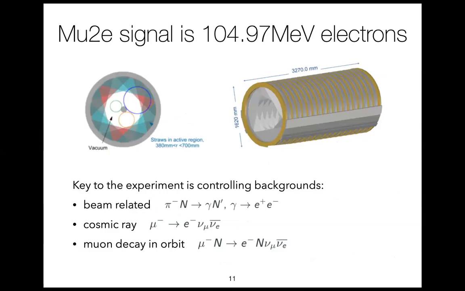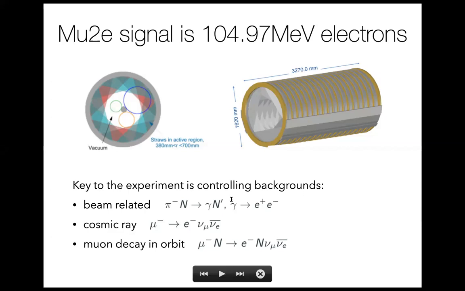When they do, the signal is a monoenergetic line in theory around 105 MeV. In practice, this one is smeared and blurred by energy resolution from 102 to 105, and that's where the problem with backgrounds comes, because the beam-related backgrounds and cosmic ray backgrounds, even muon decay in orbit, can look pretty similar or can reach up to that region in energy.